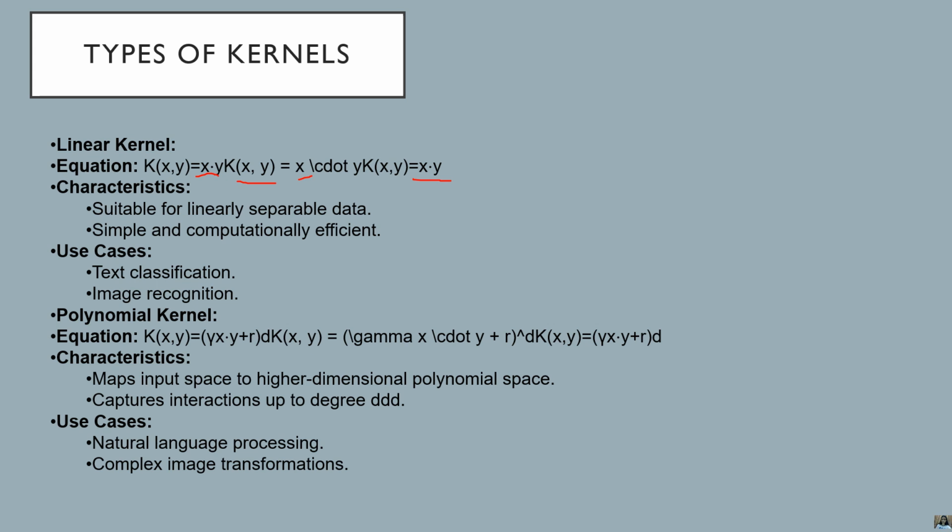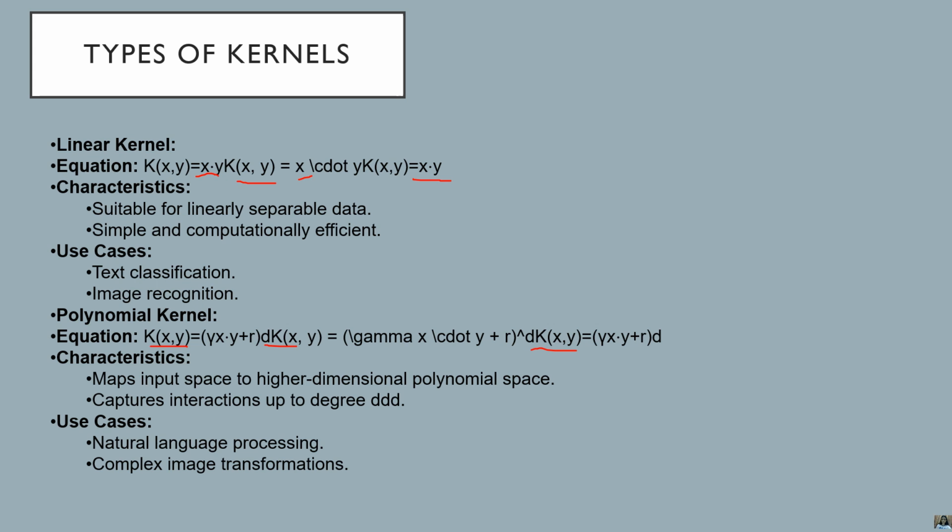Moving on to the polynomial kernel, here you can see the equation: K(x, y) = (γ x · y + r)^d.